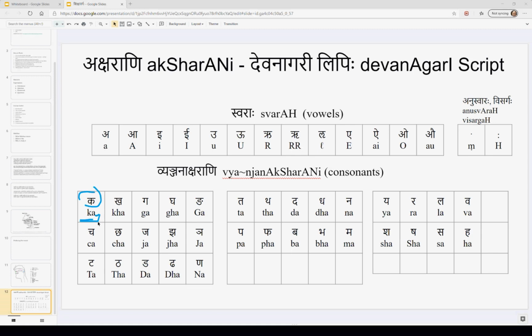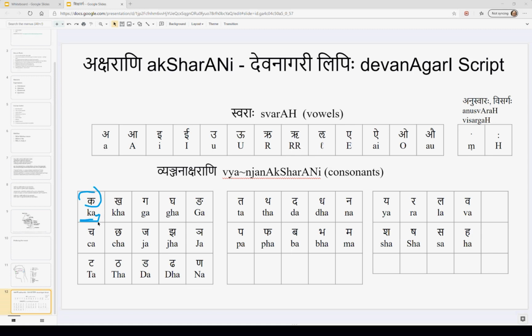If you analyze them, let's say tra. When you say tra, does it sound like a single consonant or multiple consonants in it? Multiple sounds. Those are sayuktakshara.